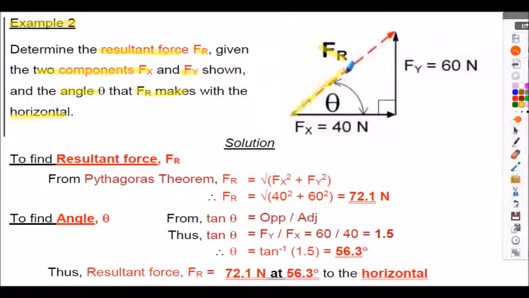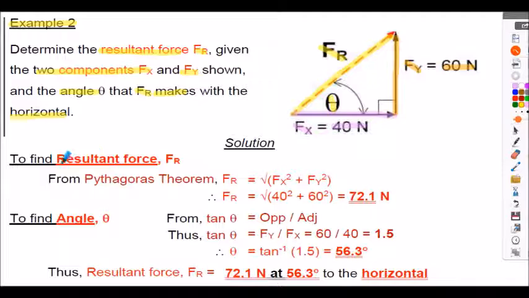We need to know its magnitude and its direction, its angle to the horizontal in this case. So we're given the horizontal component labelled Fx here of 40 newtons, drawn here. And we're given the vertical component labelled Fy of 60 newtons, shown here.